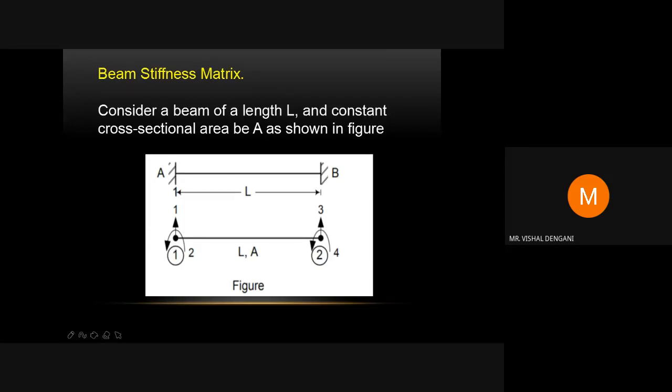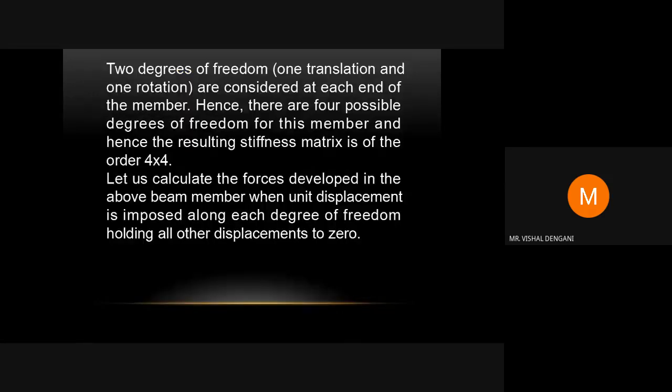So at node 1, 1 and 2, and at node 2, 3 and 4. Hence the stiffness matrix will be a 4 by 4 matrix, and that stiffness matrix will consist of the stiffness coefficients. We'll see one by one.